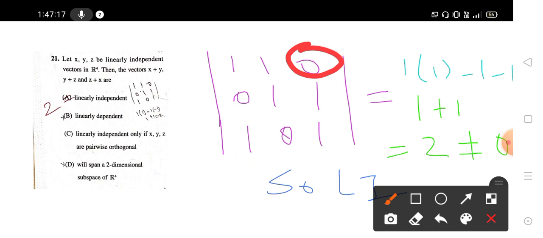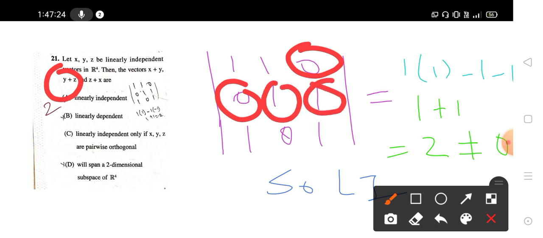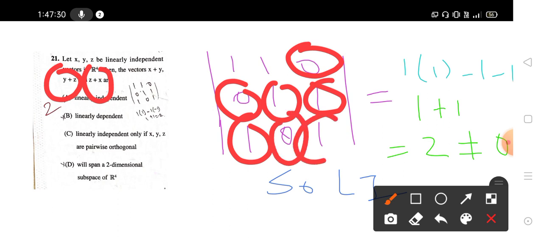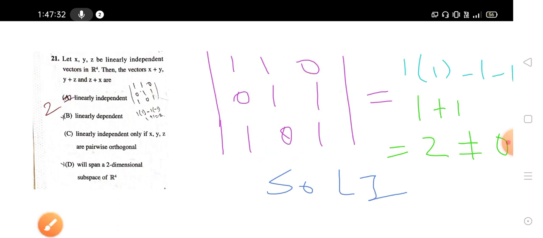And second one, here x is absent, that is written as 0, y equal to 1, z equal to 1. And here x is present and y is absent, z is present, that is 1 0 1, written as standard basis. And now find the determinant, and determinant is not equal to 0, therefore this is linearly independent.